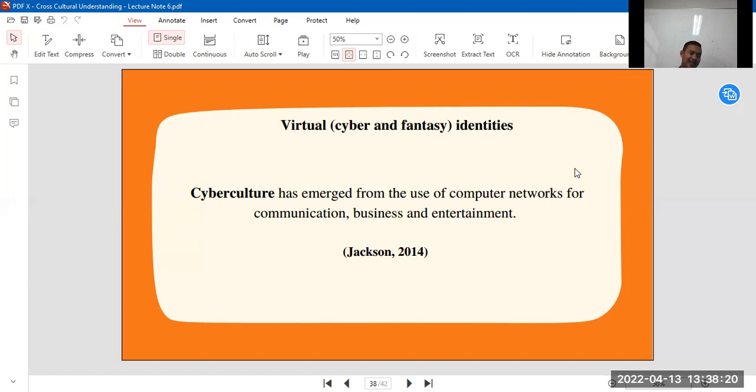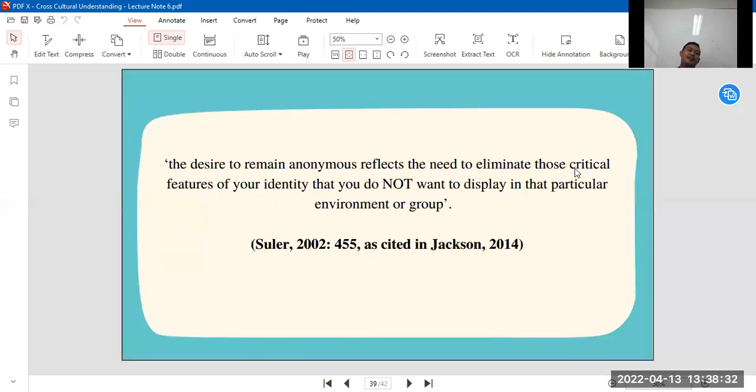You can also decide if others can hear your voice or not. That is the virtual or cyber and fantasy identity. The desire to remain anonymous reflects the need to eliminate those critical features of your identity that you do not want to display in a particular environment or group.